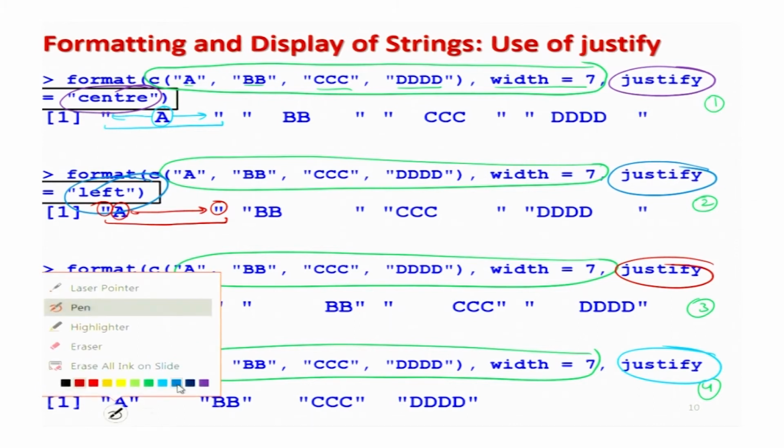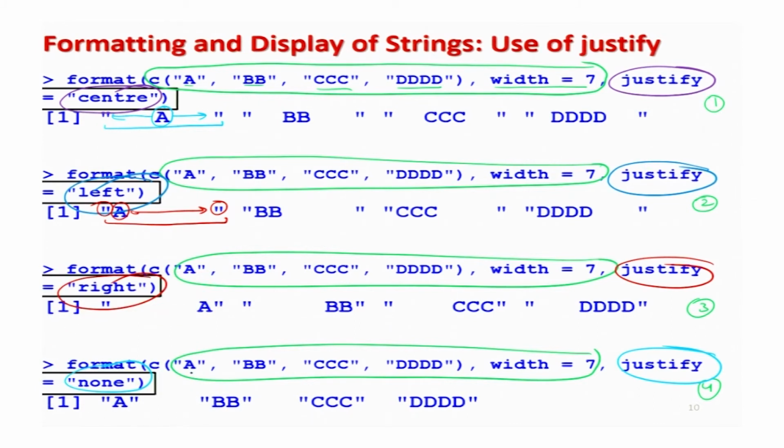In case number 3, within the double quotes the location of A is on the right hand side and the space is blank, because of the option right. And in the fourth case, because you have given justify as none, it simply takes the default A.